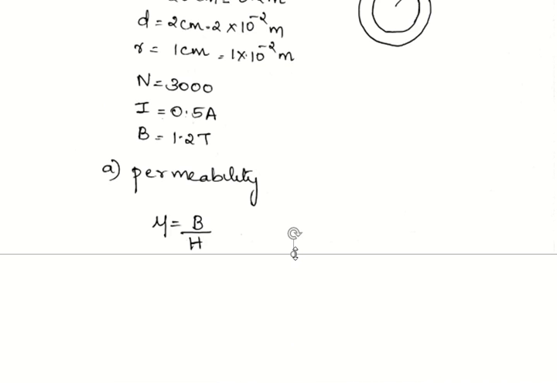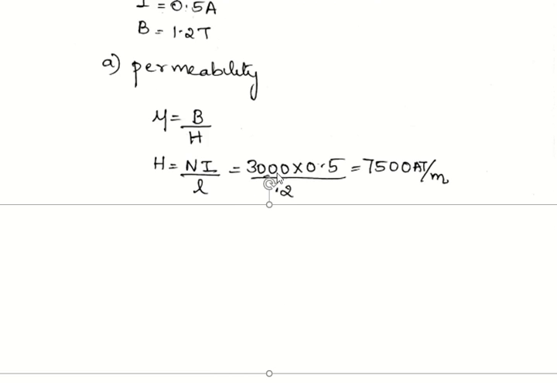How will you find H? What is the equation relating H and this given data? Yes, H equal to N I by L. You can use that data. N number of turns, I current, length 20 centimeter, 0.2 meter. So we will be getting 7500 ampere turns.